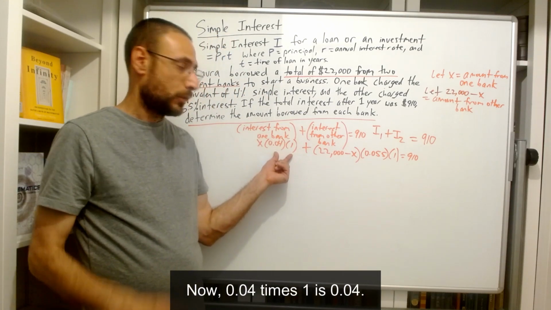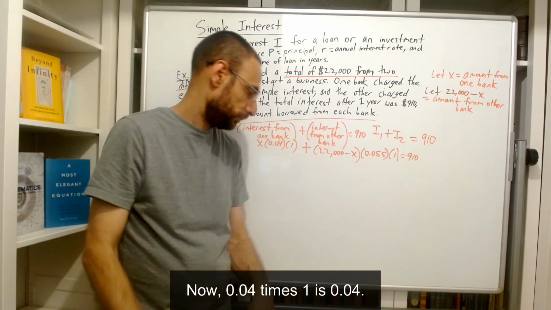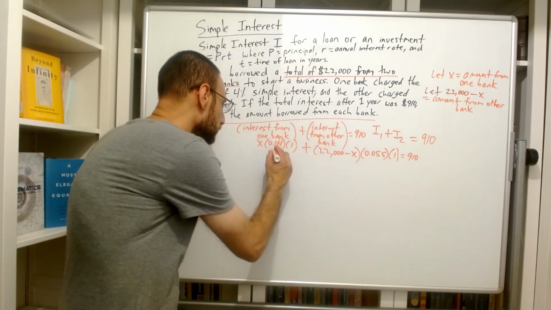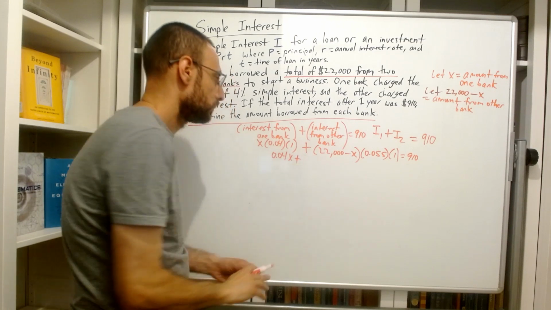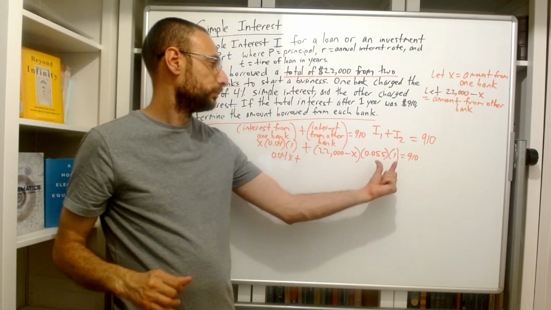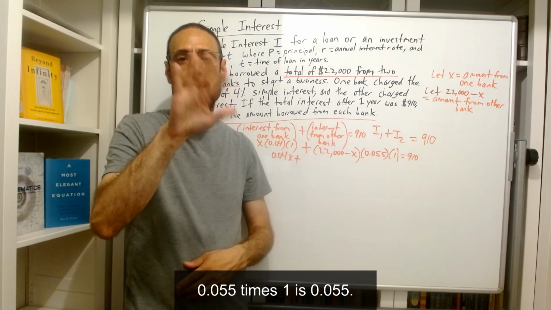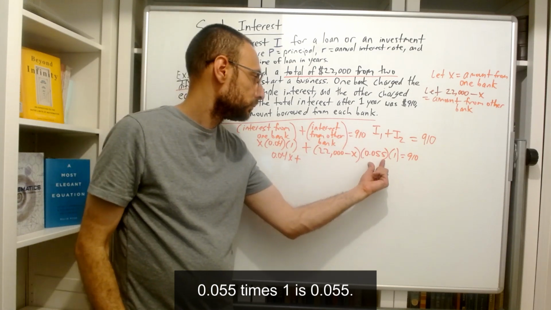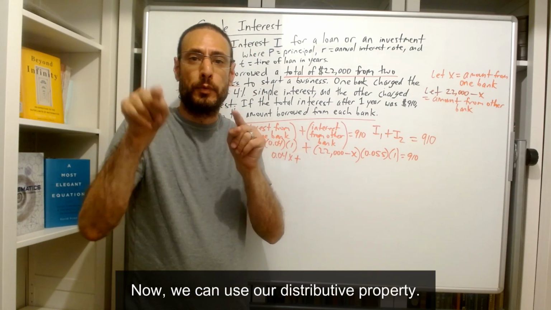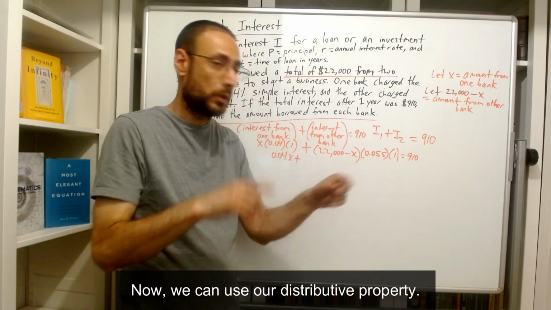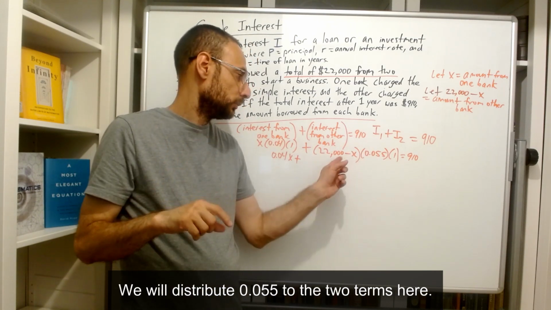Now, 0.04 times 1 is 0.04. 0.055 times 1 is 0.055. Now, we can use our distributive property. We will distribute 0.055 to the two terms here.